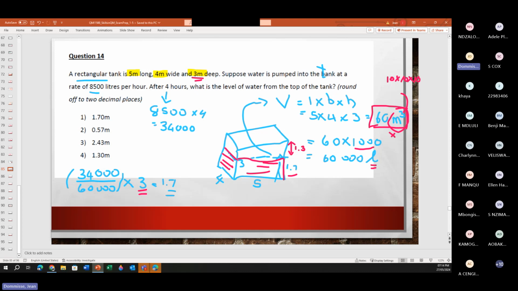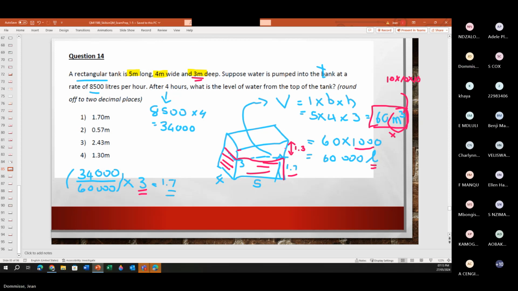What we've worked out is how far it is from the bottom, how much it is covered, which is 1.7. But again, they're trying to trick us because they ask what is the level of the water from the top of the tank.